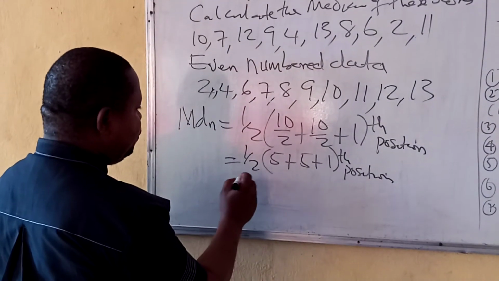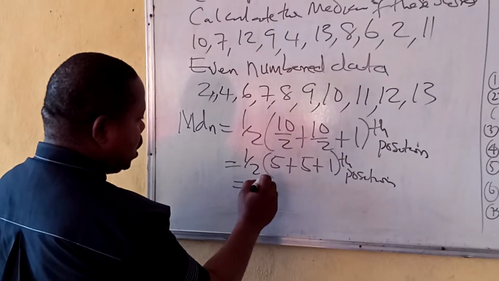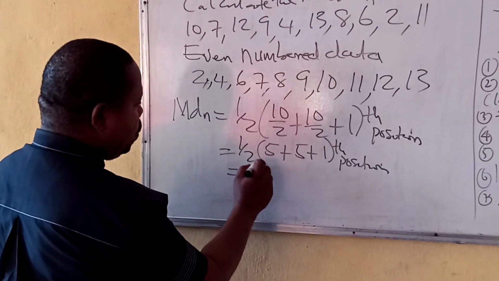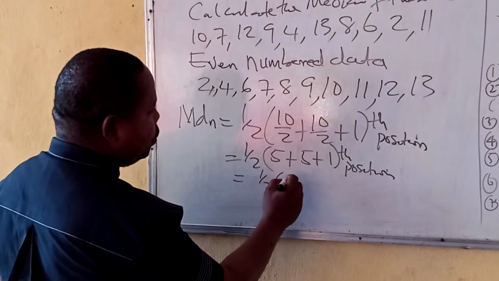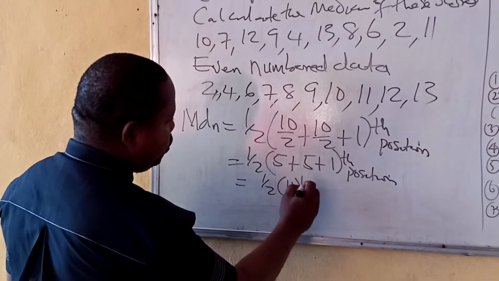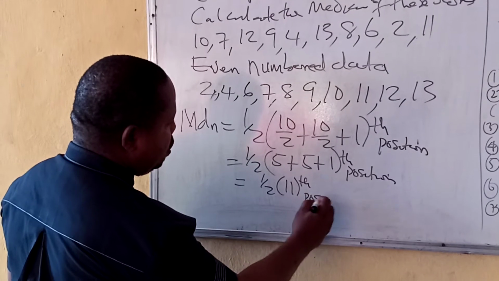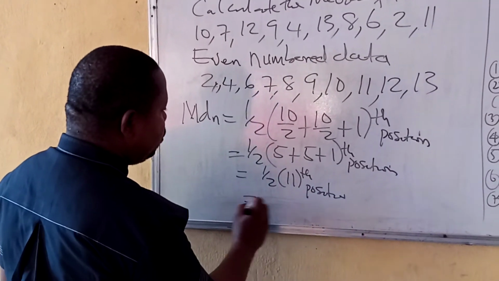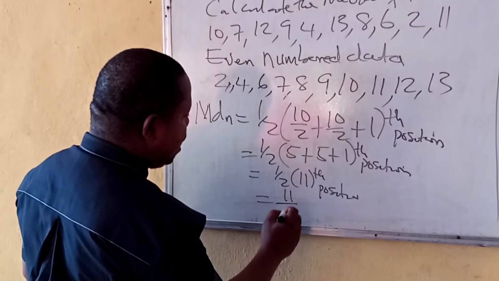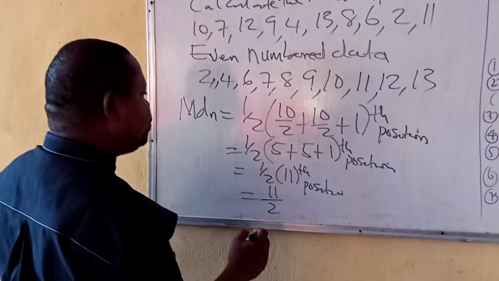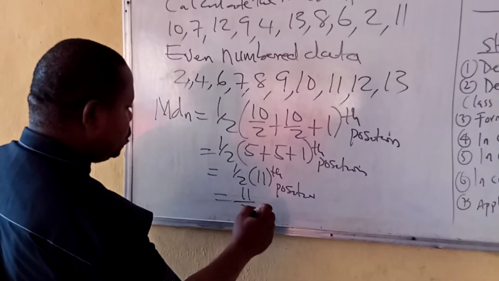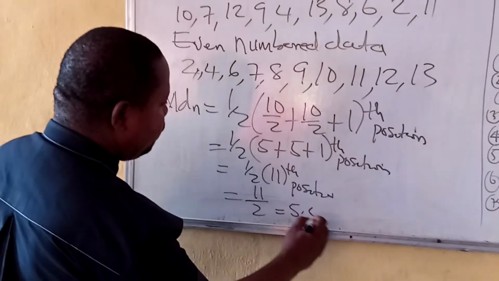And then you have 1 over 2 into 11th position, and that will give you 11 over 2, and that will be 5.5.